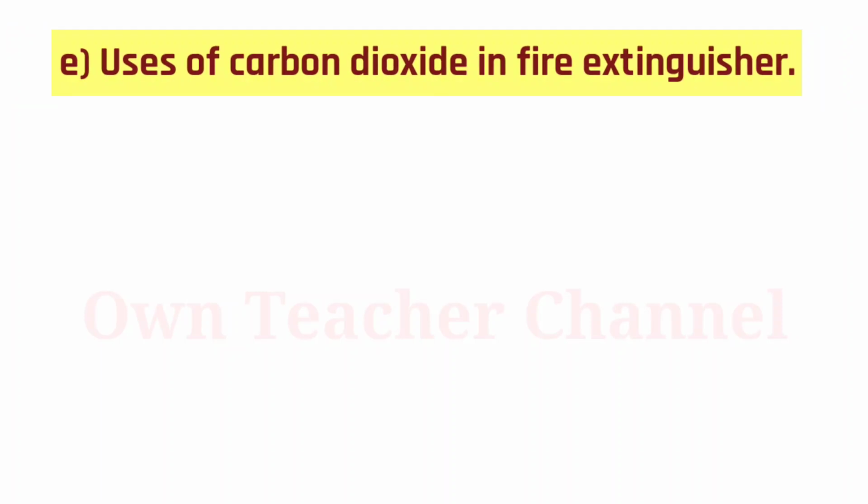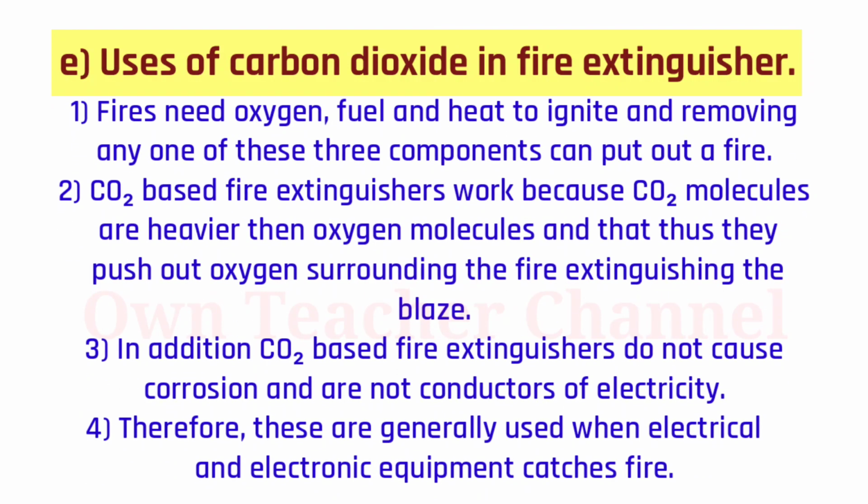Uses of carbon dioxide in fire extinguishers. 1. Fires need oxygen, fuel, and heat to ignite, and removing any one of these three components can put out a fire. 2. Carbon dioxide based fire extinguishers work because carbon dioxide molecules are heavier than oxygen molecules, and thus they push out oxygen surrounding the fire, extinguishing the blaze. 3.